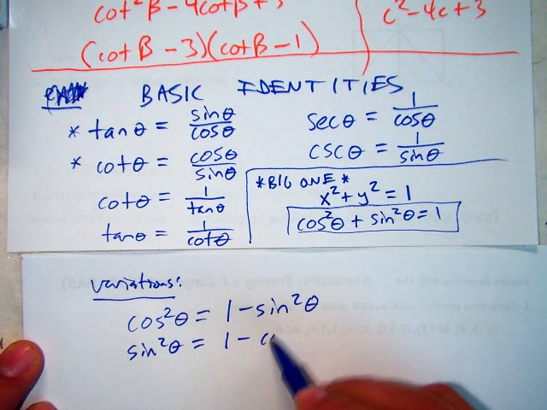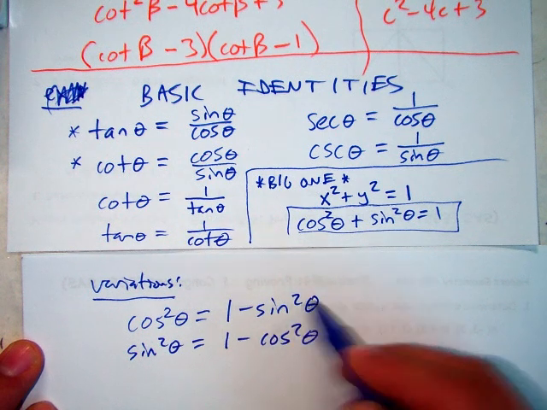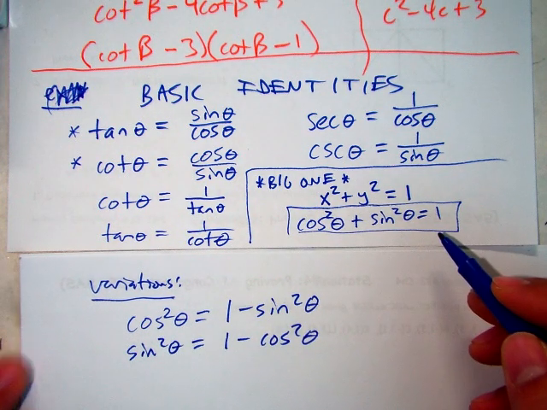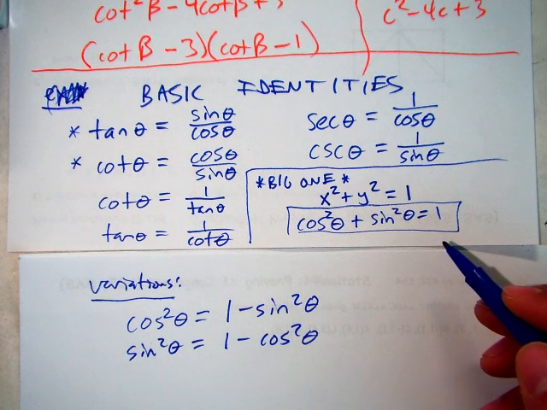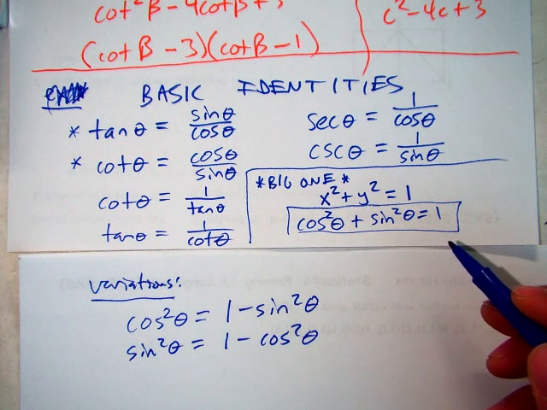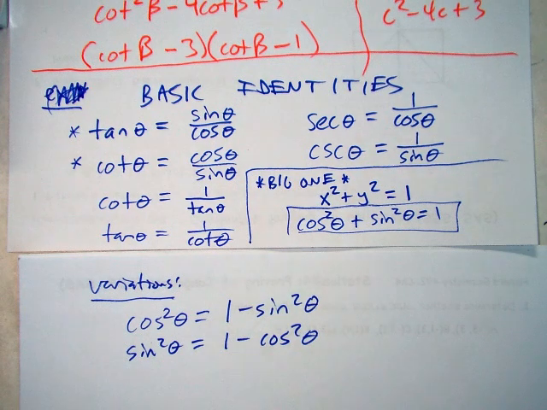So all of these are the same, and they all come from this basic identity, this big identity here. It's one of the 3 Pythagorean identities that we're going to do. Notice this applies to all cosines and sines, because every single theta could be reduced so that it is on a unit circle. So it works all the time. Any other questions?